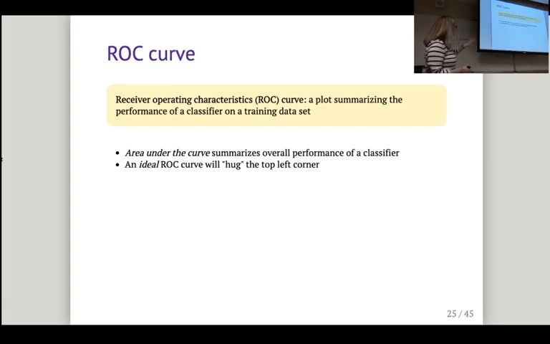The ideal curve is going to hug the top left corner, and we'll talk about what this looks like on the axes. Caret for some classifier models spits out an ROC area under the curve. The closer this is to 1, the better the performance of the classifier.